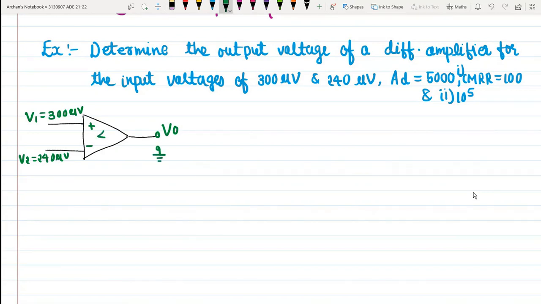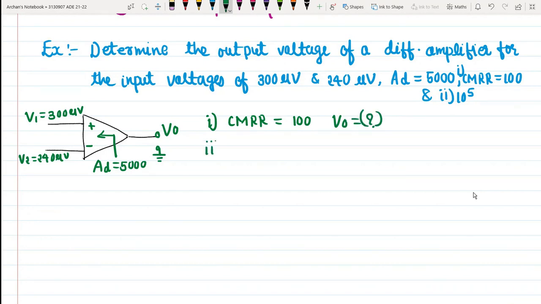The differential gain AD is given to us as 5000. Then there are two cases: one, when CMRR equal to 100, what is the output voltage? And second, when CMRR equal to 10 raised to 5, calculate the output voltage.